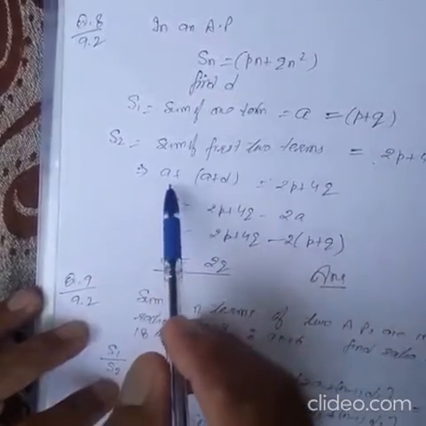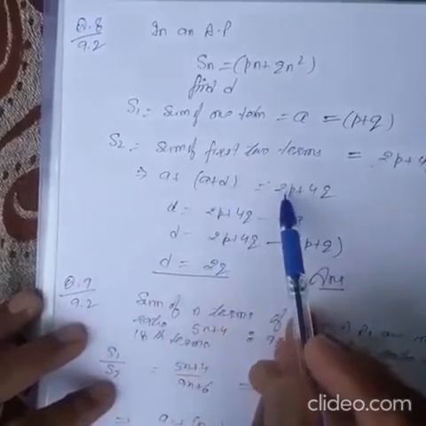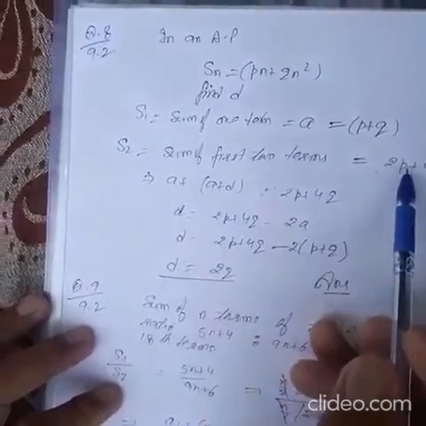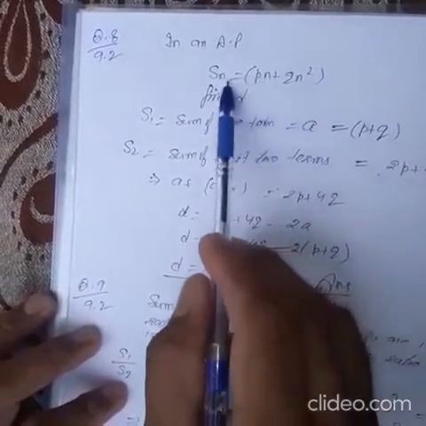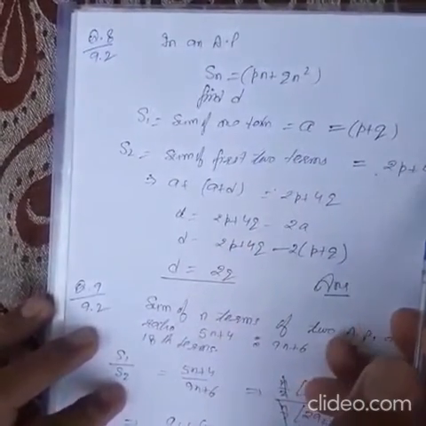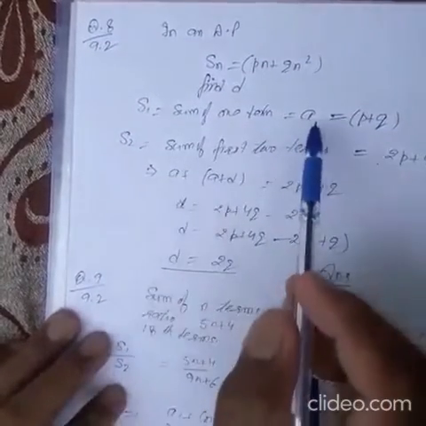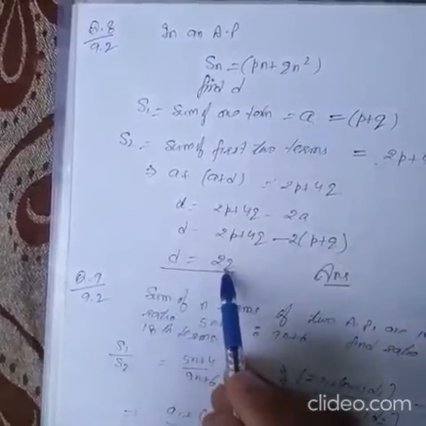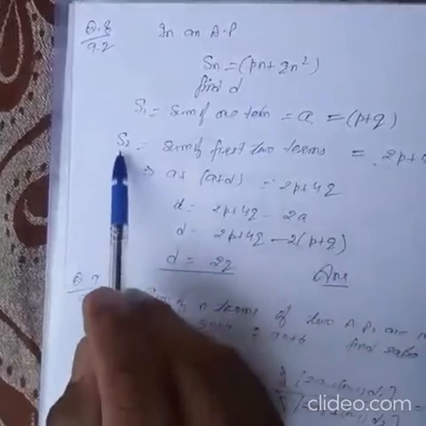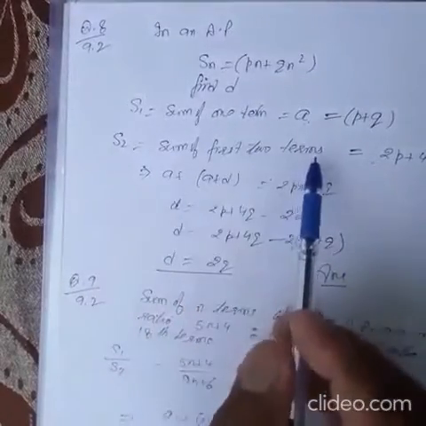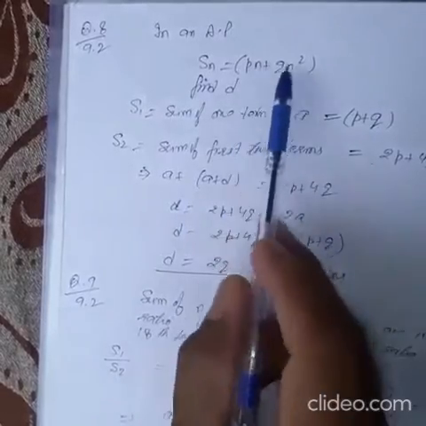If first term is A and second term is A plus D, then A plus A plus D will be equal to S2. S2 is obtained by replacing n by 2 in this formula. So this is 2P plus 4Q. So you put the value of A and calculate D, it is 2Q. I hope it is clear. So S2 is the sum of first two terms, first term plus second term, and then find out S2 by putting the formula and then calculate.